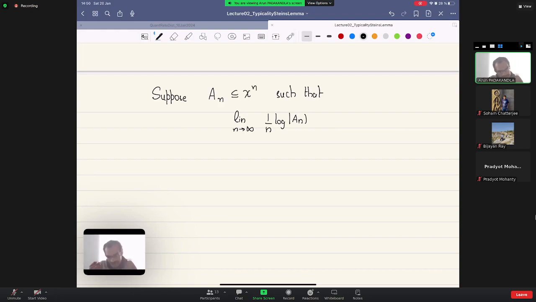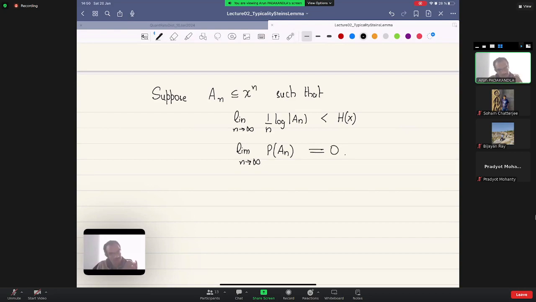But if I look at the exponent, how it grows, if this is strictly lesser than H of X, then you can show that limit n tends to infinity, probability of A_n goes to zero.